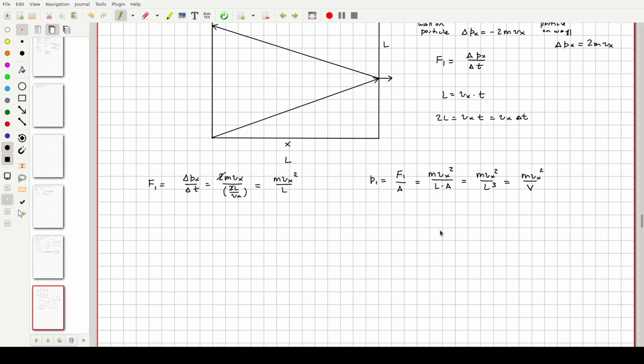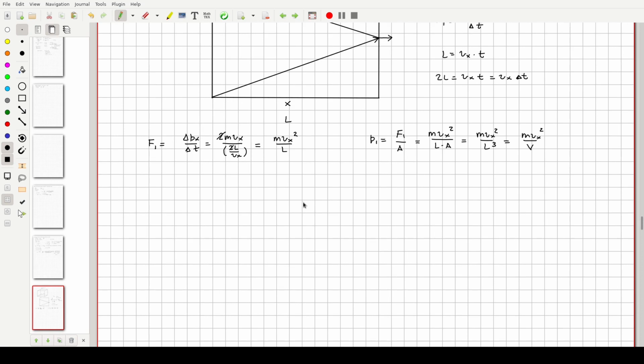Now, this is just one particle. What I'd like to do is to add up all of the pressure. Okay? So if I sum up the collisions on the inside of this container, from i equal to 1 to however many particles I have on the inside, this is going to give me the total pressure on the inside.